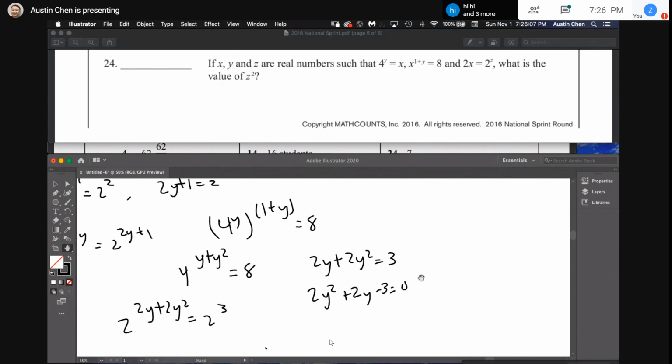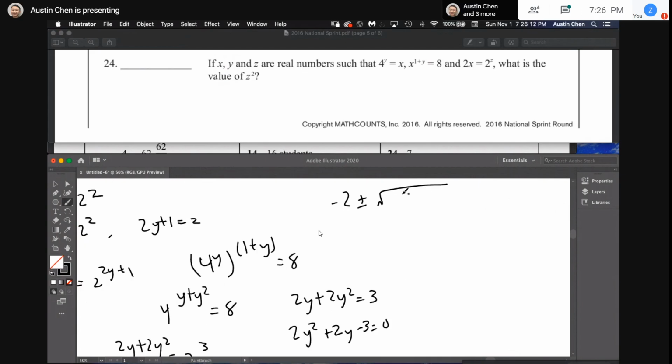So quadratic formula, we have y equals negative 2 plus or minus the square root of 4 plus 24, over 2. This is like the same thing we had last time, right? You have negative 1 plus or minus 7. Yeah, see.